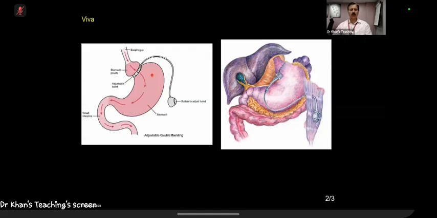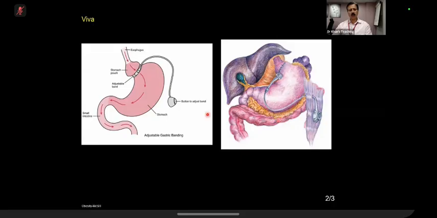So I'm not going to teach you anything other than this one complication, which is a potential exam complication. And please remember, you can also see it on a CT scan. And I've seen quite a few patients now. Now, what happens in a gastric band procedure?